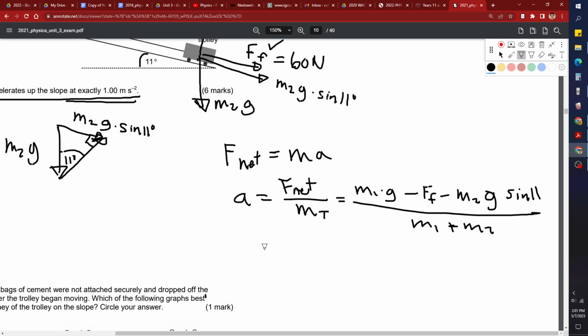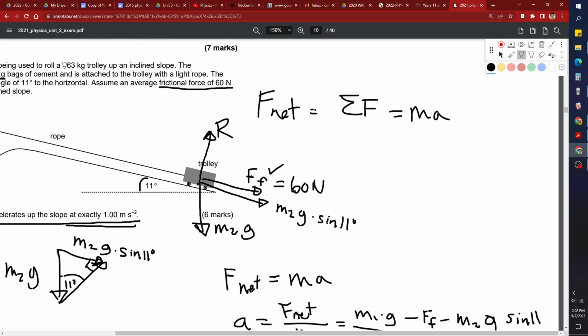Now, we'll just plug it in. M1 is 60 kilograms, 60 kilograms there times 9.8. I'll just put the x there. Minus F, friction force Ff, which is 60 newtons already, minus this part here, which is the second mass, which is the trolley.